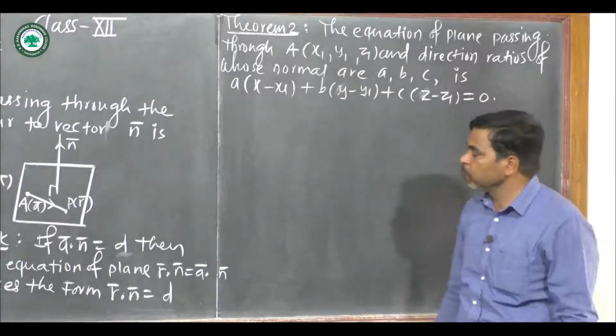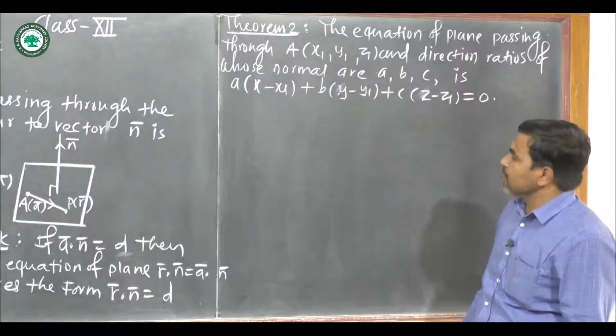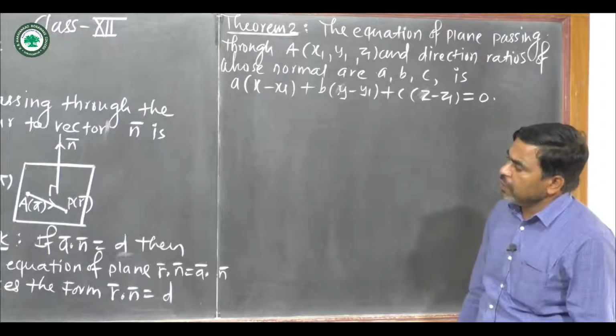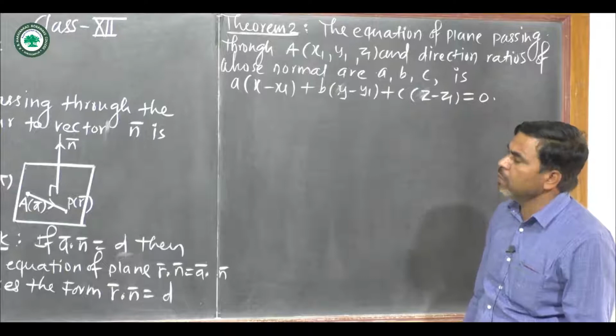So see, we have a plane passing through the given point, and also we have the direction ratios of normal to the plane.